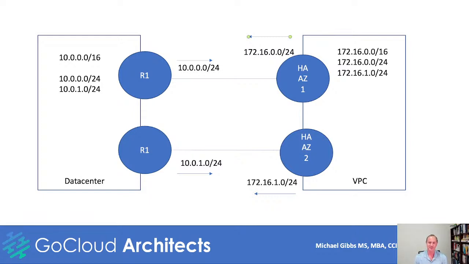So now, what if on the top link we send this really ugly route to the summary address? And on the bottom link, we send the same summary address. And now, what if from Amazon? Okay, Alex, yes, exactly. We're sending the aggregate route.